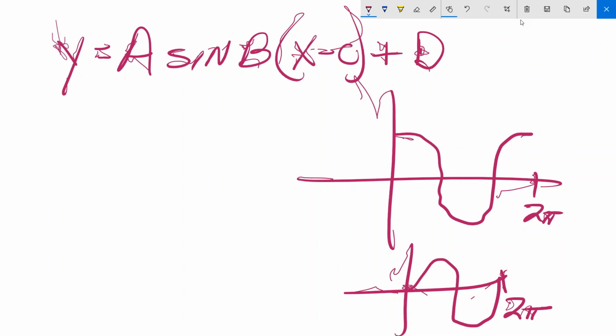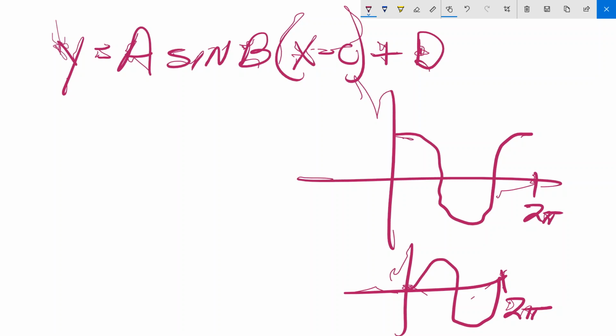The bottom one is the sine function unshifted horizontally. The top one is the cosine function unshifted horizontally. Now notice what would happen if I take the top function and move it to the left by pi over 2. No, excuse me. I move it to the right by pi over 2. It becomes the sine function, right?